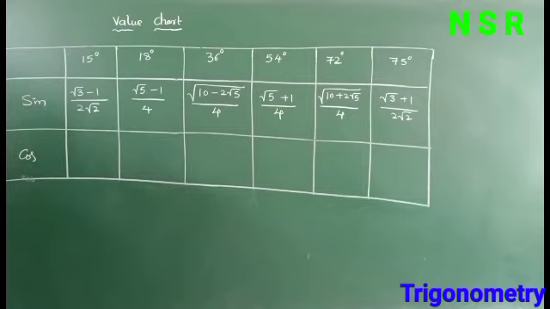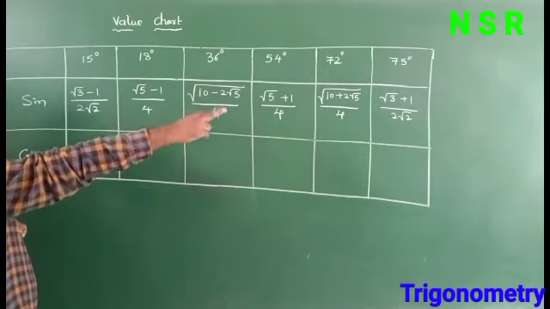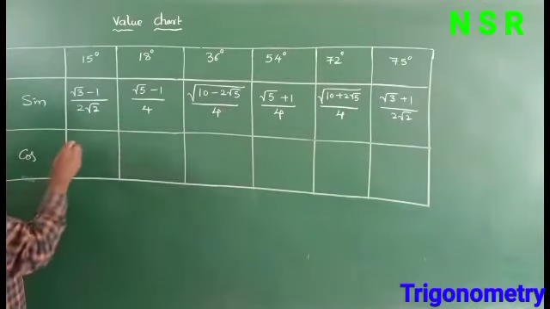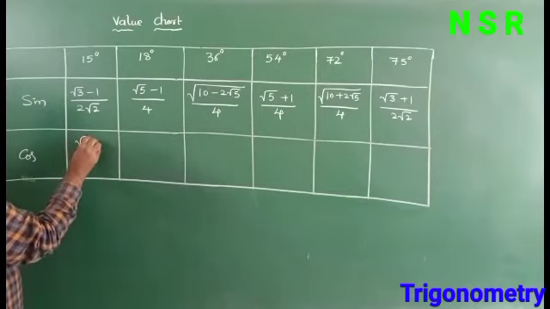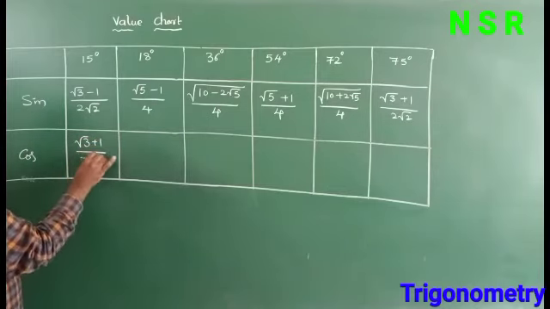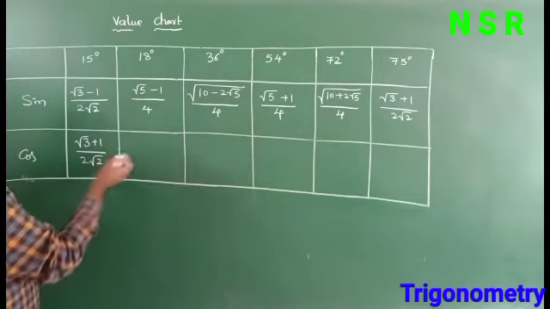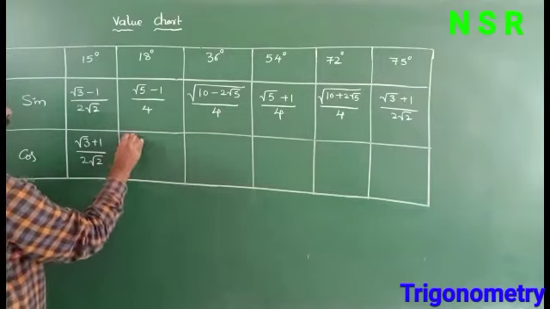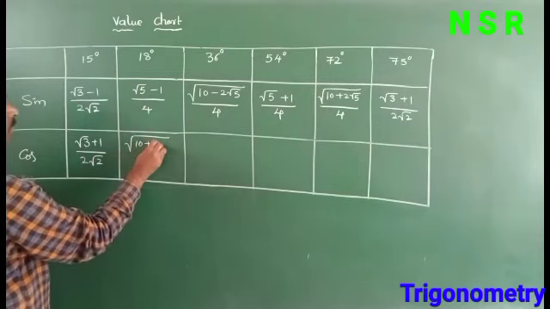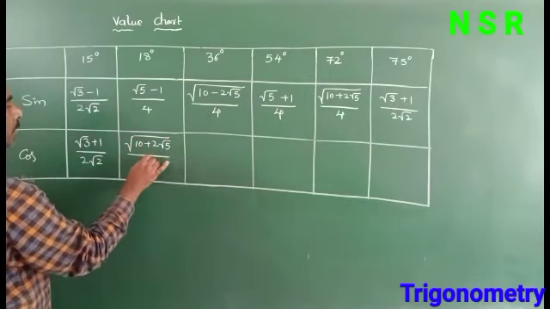If you know the sin values, continuously write the reverse for cos. So sin 75 value is equal to cos 15, that is root 3 plus 1 by 2 root 2. Next sin 72 value is equal to cos 18, that is square root of 10 plus 2 root 5 by 4.